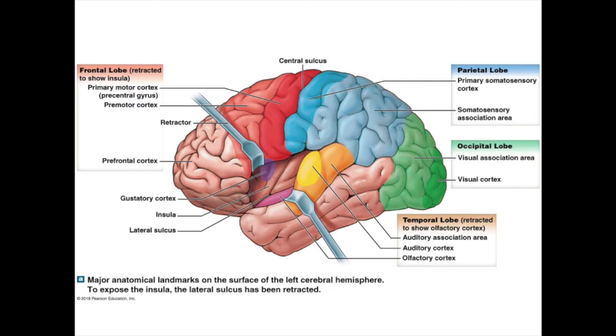We would have to push aside the frontal, the parietal and the temporal to find a structure called the insula. The insula has several functions as far as emotion and feelings, but is also considered to house the gustatory cortex, to process taste. Okay, so pause here as you see fit.